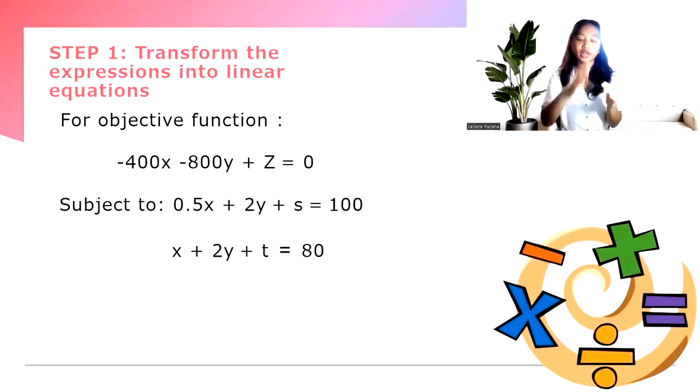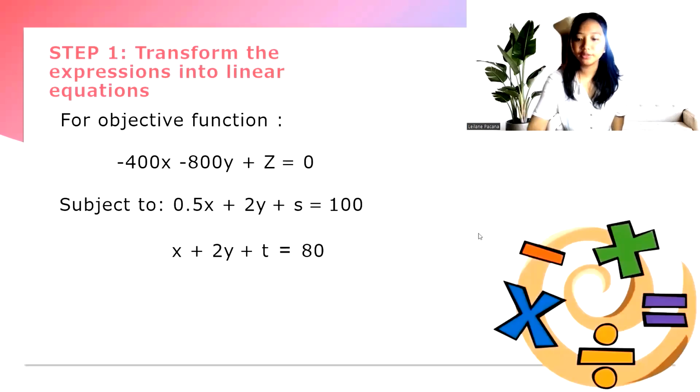So for our first constraint, we have 0.5x plus 2y plus s as our first slack variable, and that is now equal to 100. Observe, we have our slack variable here. And then for our second constraint, we have x plus 2y plus t. T represents our second slack variable and it is equal to 80.